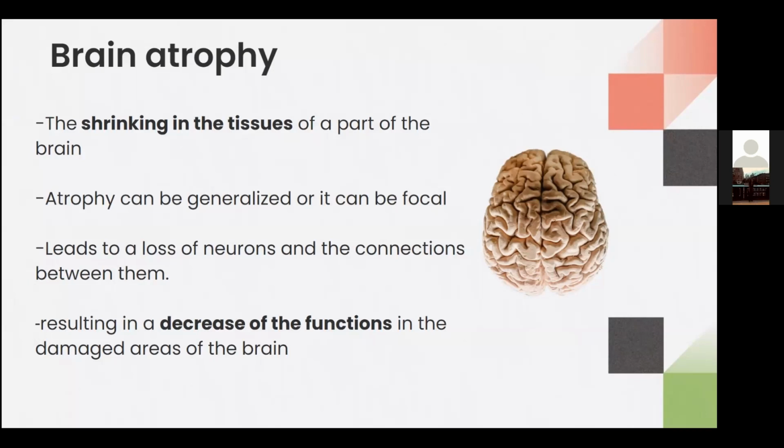This atrophy can be generalized or focal, which means it can be the whole brain or just a specific part. It can lead to a loss of neurons and a loss of connections between these neurons, which will cause a certain part of the brain to die out, and a function of the brain can no longer be used.